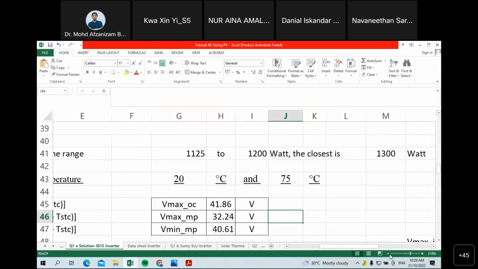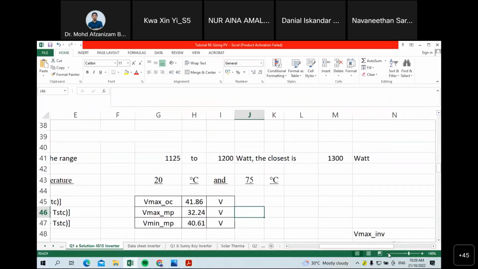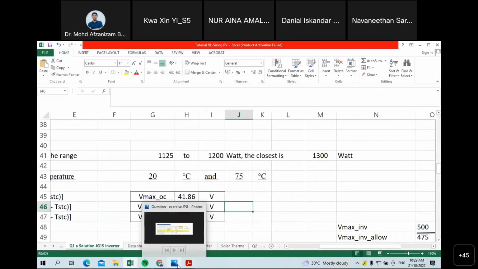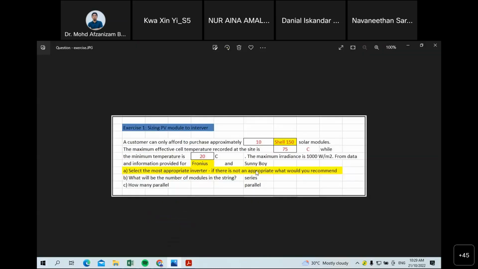So, solve problem question number 1: select the most appropriate inverter. After we do the calculation, 10 modules times 150 watt is 1500, and by having the rating of 0.75 up to 0.8, we get 1125 and 1200.